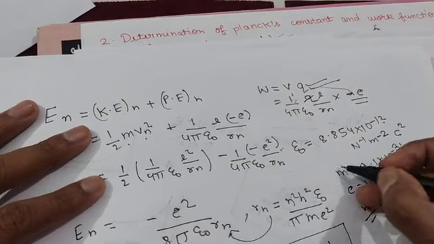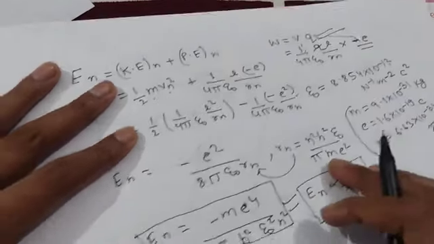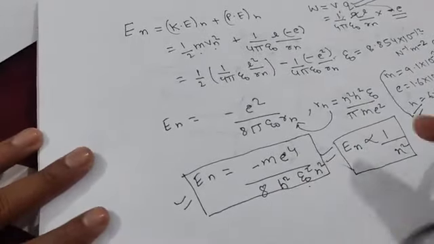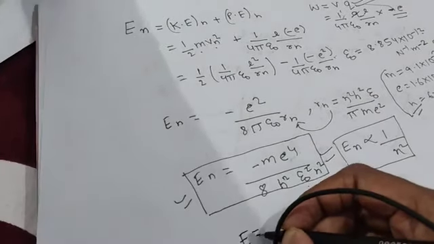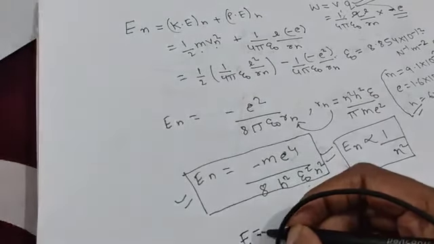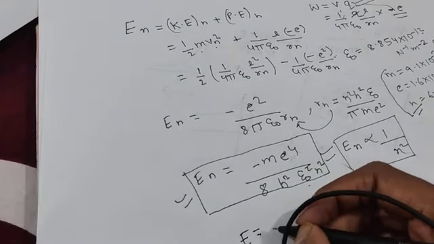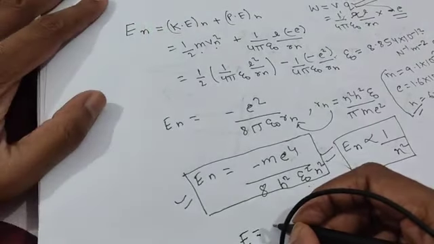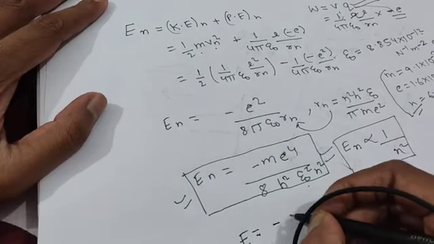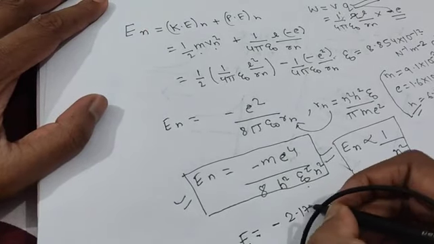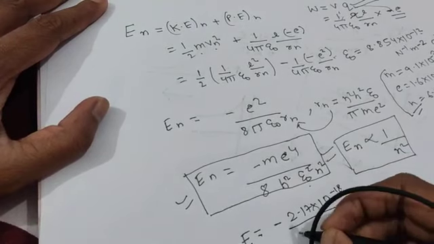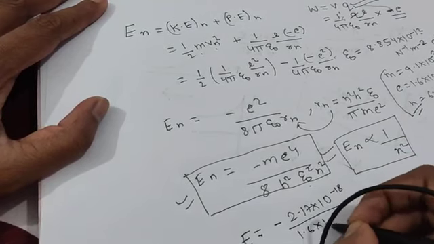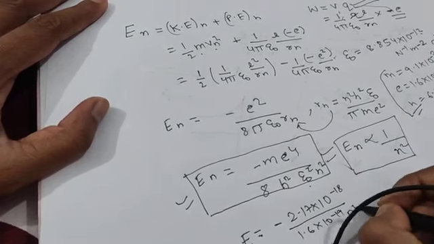And after putting these values in this equation, we'll get E equal to minus 2.17 into 10 to the power minus 18 divided by n square.